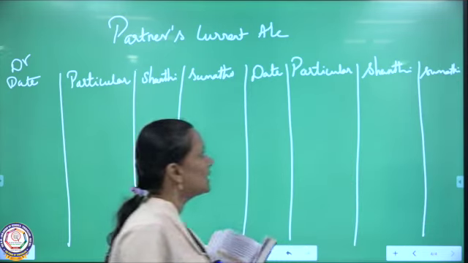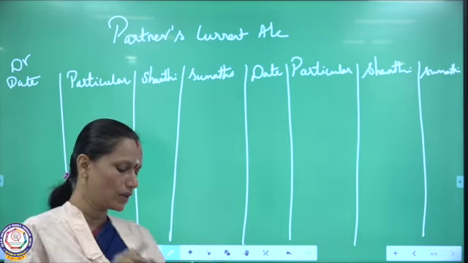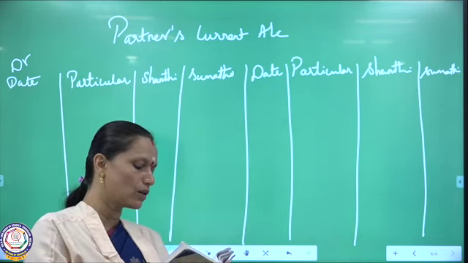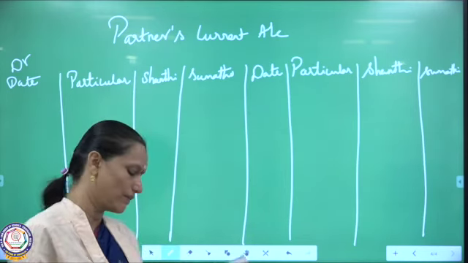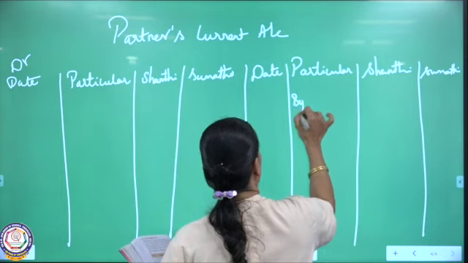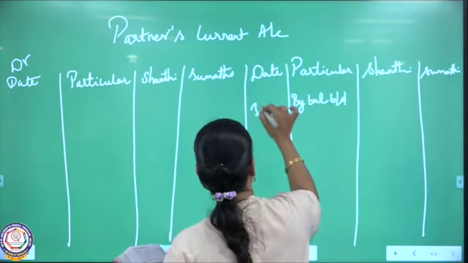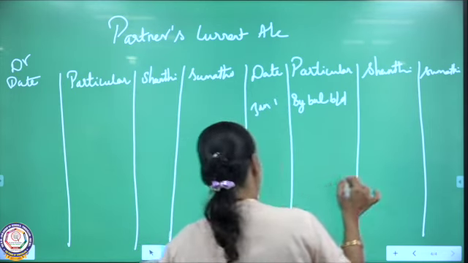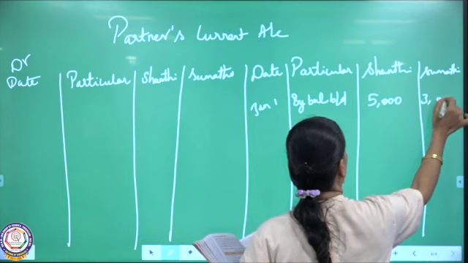See, I already said the opening balance they will be giving in the question itself. Here also they have given the current account on 1st January 2018, credit balance they have given. You have to write the credit balance, by balance brought down, January 1st, okay, 5,000 and 3,000.